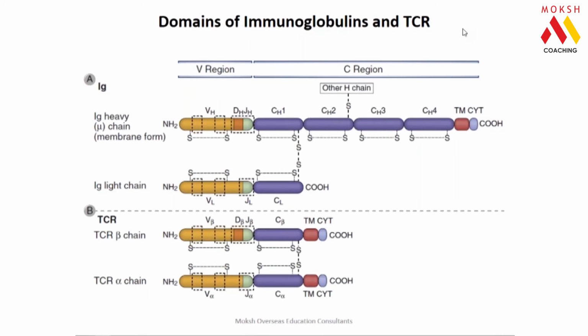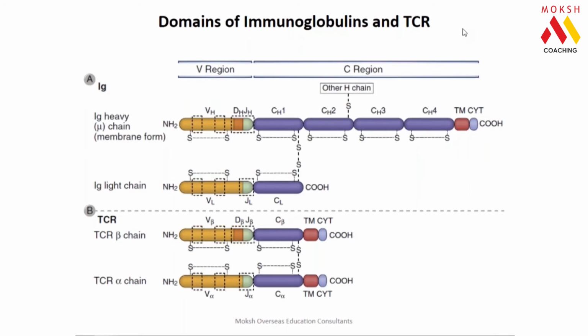But if you combine these genes in any possible way, there is no way you can account for the unlimited number of lymphocytes that we make. And remember, every lymphocyte is shape driven. It will interact with only one shape. Think of it as a key that will only unlock one lock, right?